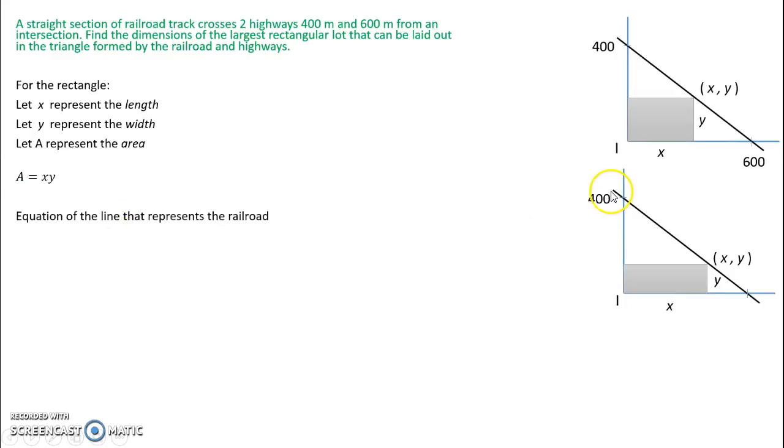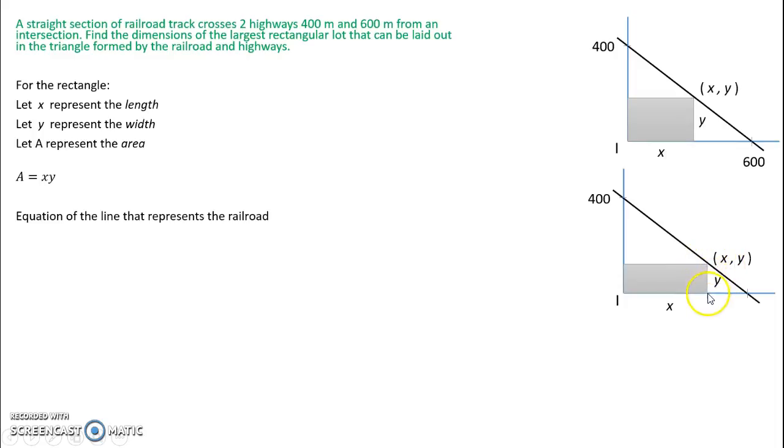Now what we're going to determine is the equation for this line, because the area of this rectangle is dependent on x and y. This edge of the rectangle is always going to be on this line, and so the y coordinate of this point will depend on the x coordinate.